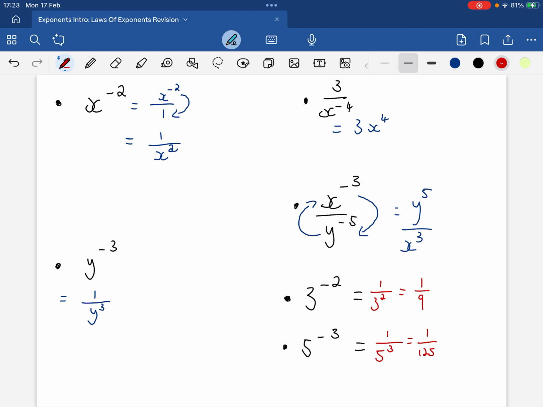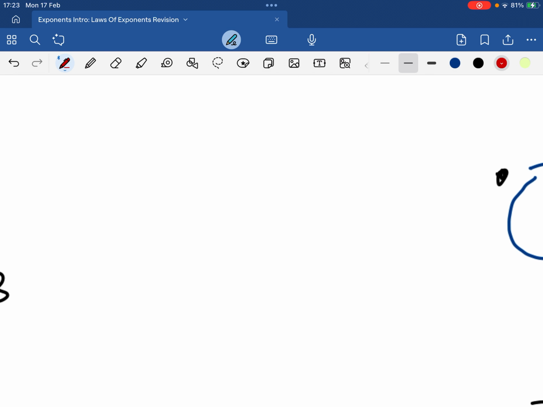Now, please take note, this has nothing to do with the sign of the variable itself, just the sign of the exponent. What do I mean by that? Well, if you had, say, negative x to the power of negative 2, okay? Or let's say negative 3.